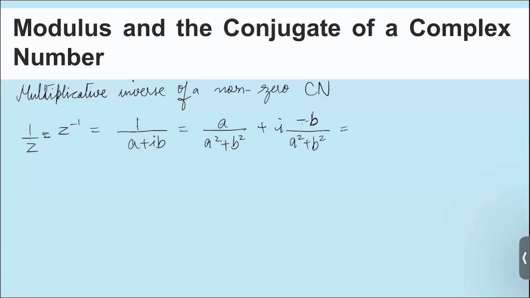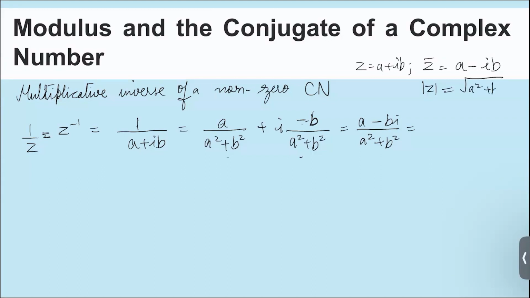Okay, so if you combine these, since the denominator is the same, you have a minus bi upon a square plus b square. Now you can see, since we already know, if your z is equal to a plus ib, your conjugate of z is a minus ib, and your modulus of z is under square root a square plus b square.